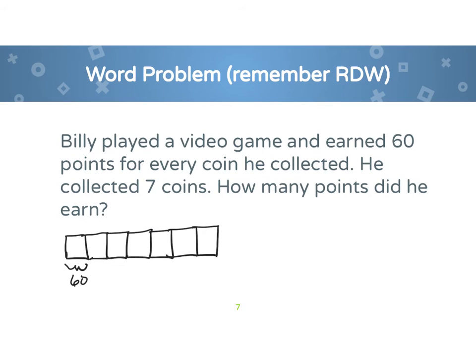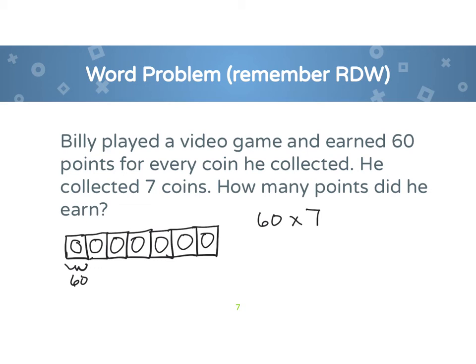So each of these boxes on my tape diagram could represent the 7 coins. And each coin he collected, he earned 60 points. So I'm going to write that out as a number sentence, which is 60 times 7.